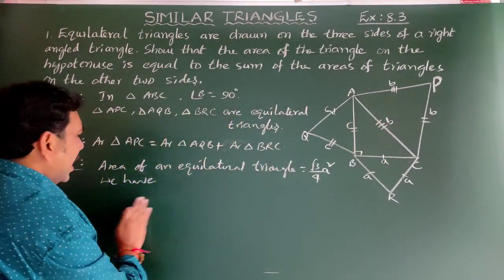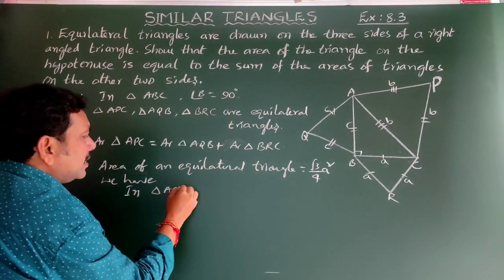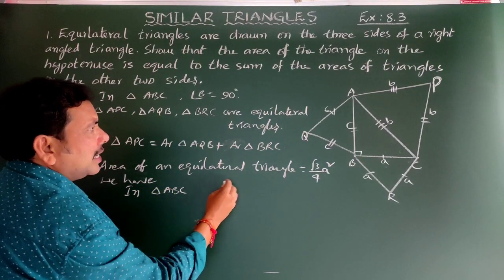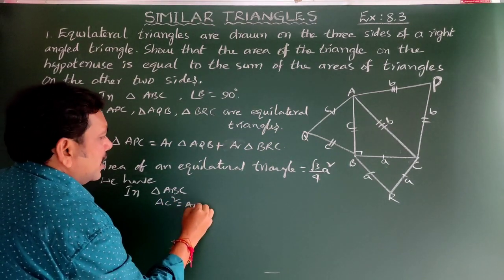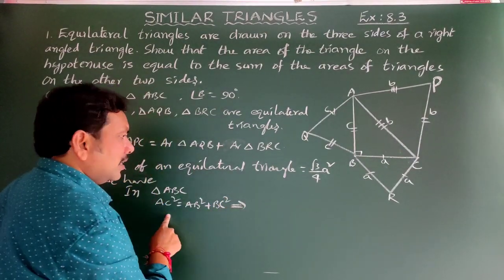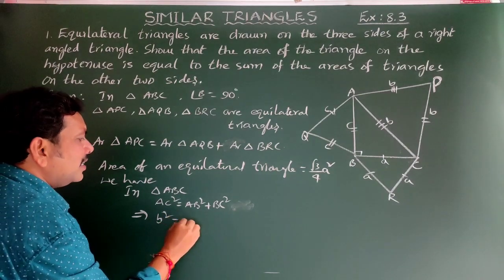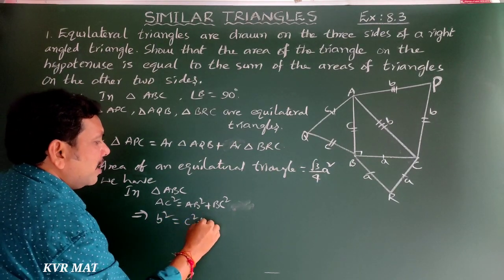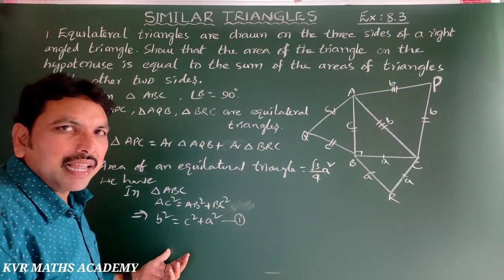So we have in triangle ABC, AC square is equal to AB square plus BC square. That implies b square is equal to c square plus a square. This is equation number 1.